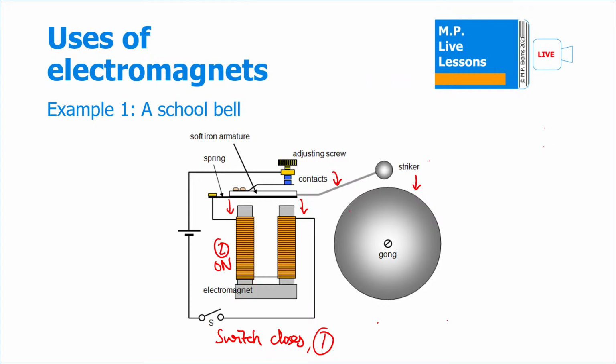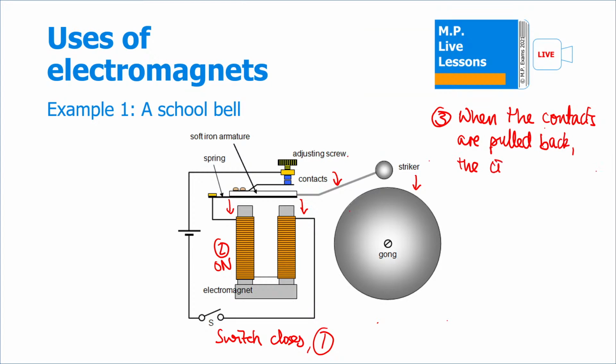However, when the contacts are pulled back, the circuit is broken and current can't flow.